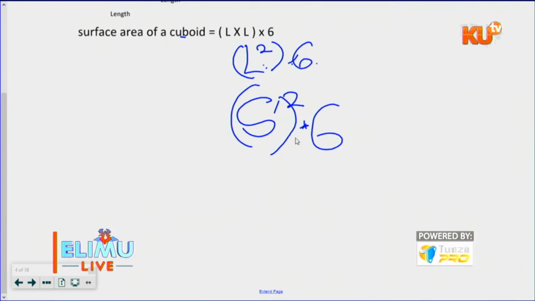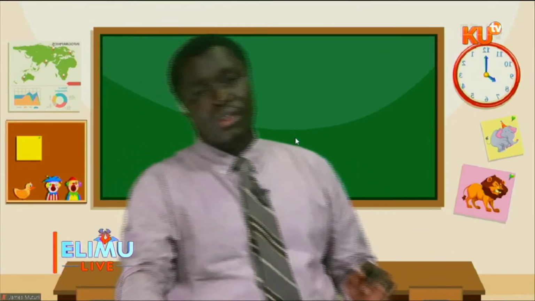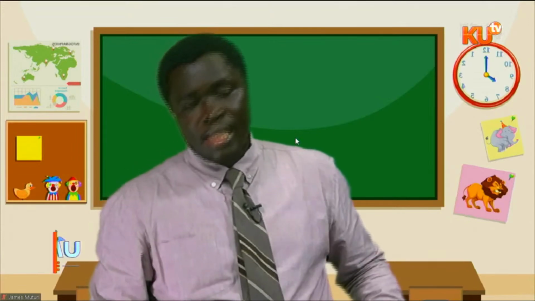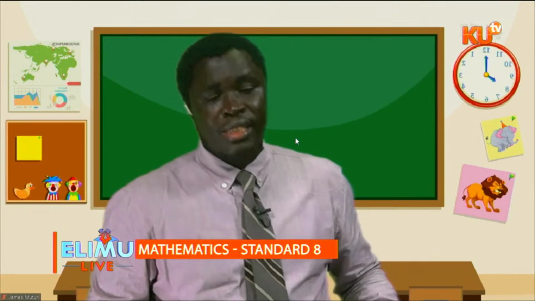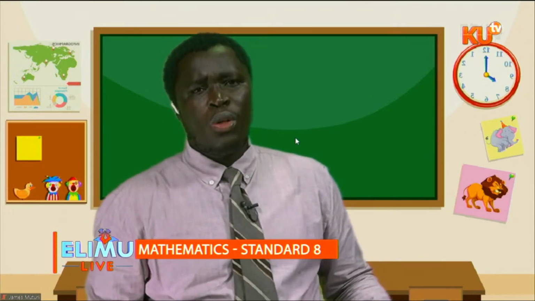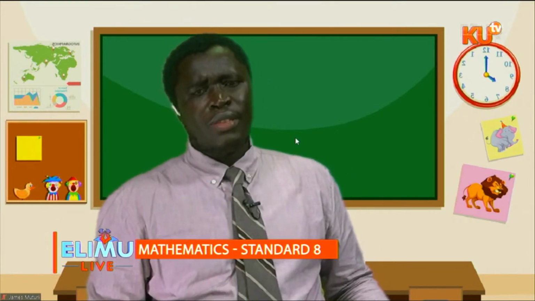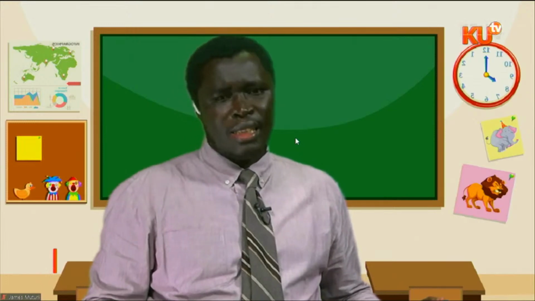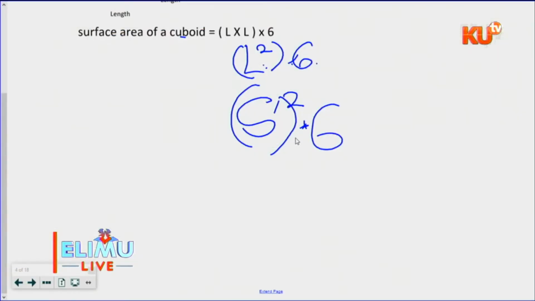That's all in the surface area of a cube. L times L is the area of one face, multiply by 6. All those faces are the same. So get the area of 1 face, then multiply by 6. And that's all about the formula of a cube.